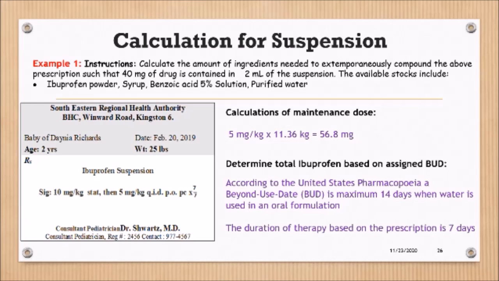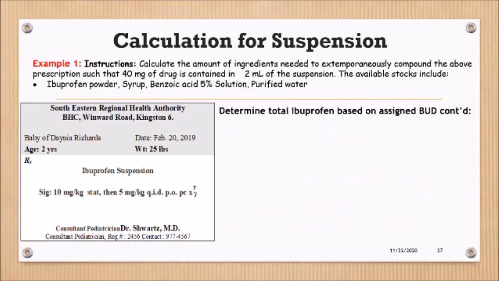Now, recall that BUD is 14 days maximum, but this drug is only given for a maximum of 7 days. So we're good. We're in the clear. 7 days is fine, right? So we're going to give the therapy for the duration of 7 days.